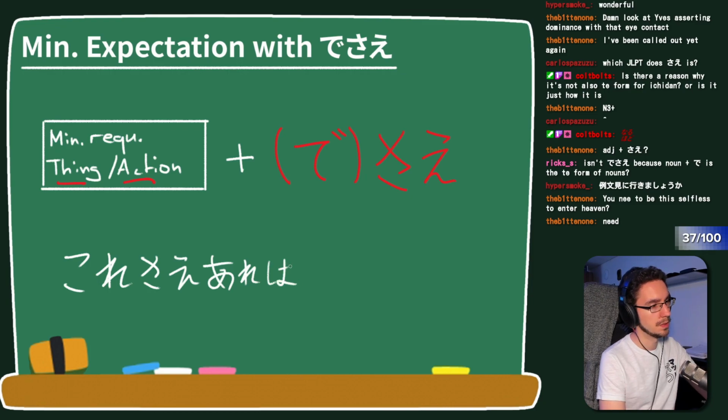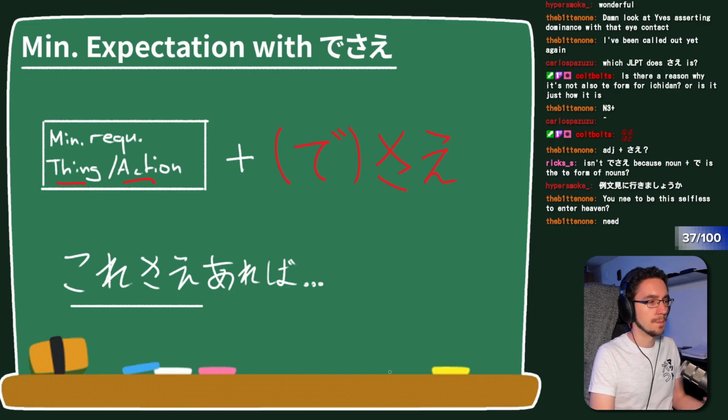Areba, and then it just continues here. Kore sae areba, which is just kore sae, the minimum required thing, and then here we have the verb aru for it to exist. So as long as I have this, there will be plenty of example sentences. You need to be this selfless to enter heaven.